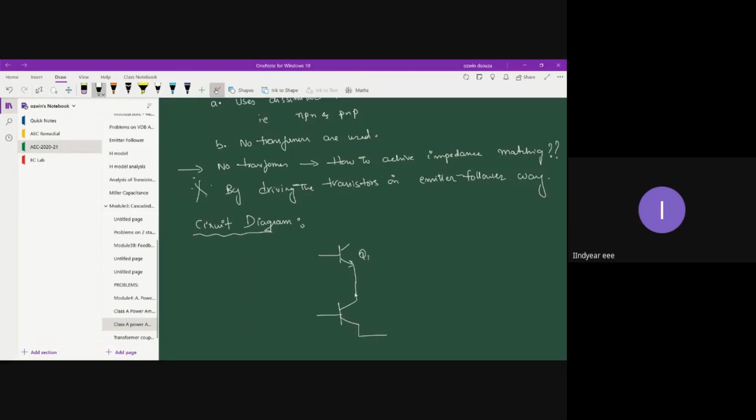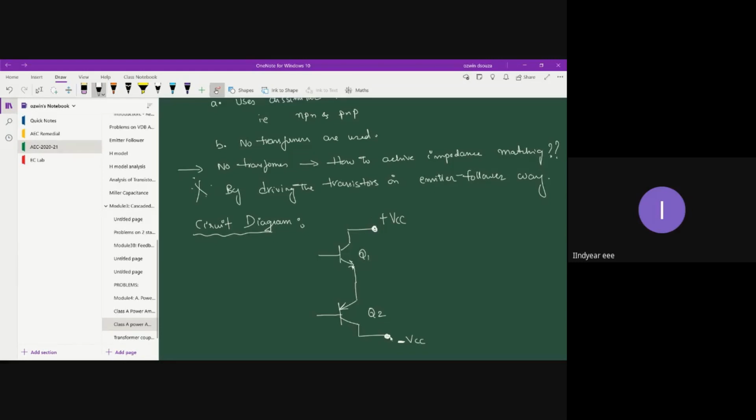You can see outward emitter terminal for Q1 and inward emitter terminal for Q2. The collector of the first transistor is driven by positive DC supply, and the collector of the second transistor is driven by negative DC supply. That means this collector is at higher potential, and this collector is more negative, or at the lower potential.